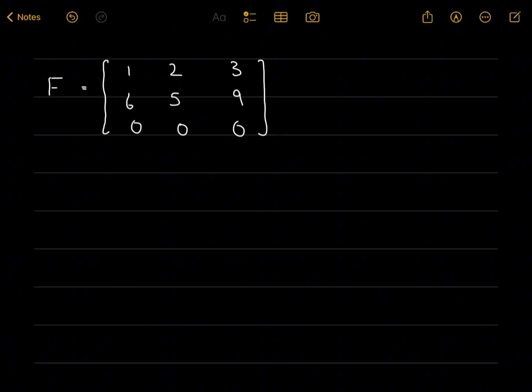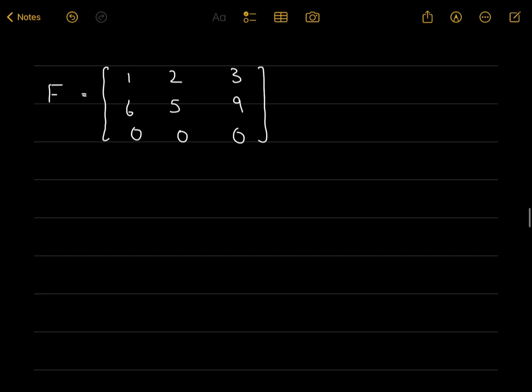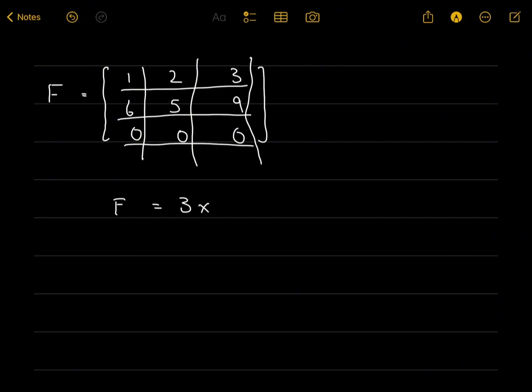Okay, so moving on to the next, part F is quite a huge one. Let's count the rows first. So 1 row, 2 and 3. So order of F is 3 rows and 1, 2, 3 columns. So it's a 3 by 3 matrix. This is question number 2 to an end.